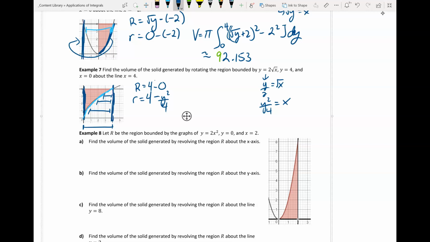Now we can put it into our volume equation. It's going from 0 to 4, our smallest y value to the highest y value. Big R squared minus small r squared dy.